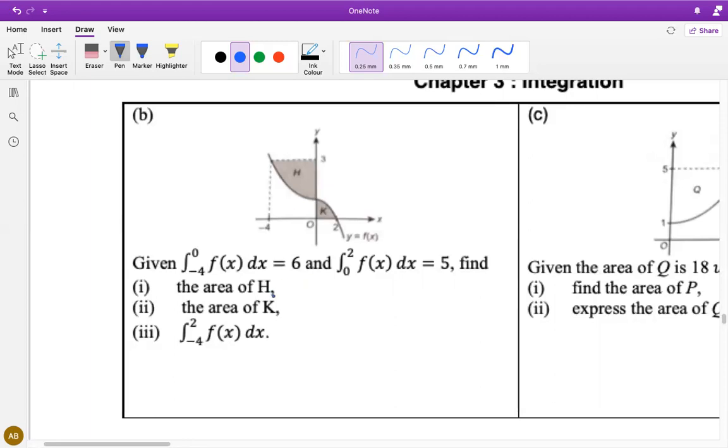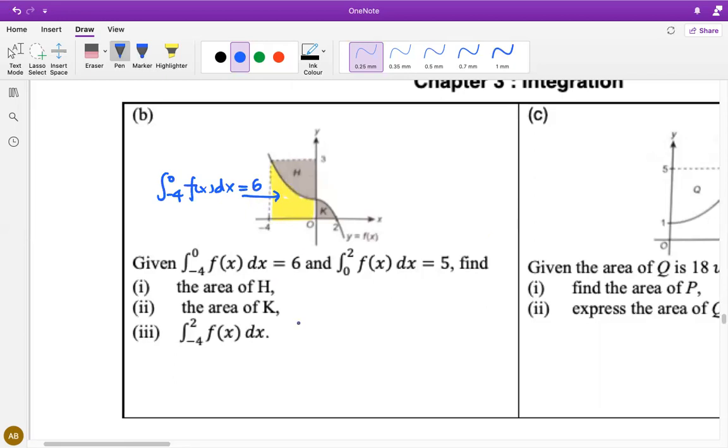So the value of H, so is part, but this is given as negative 4 to 0 fx dx equal to 6, which is actually this area. Okay, so this area is negative 4 to 0 fx dx. So it is equivalent to 6. So how to find h then?